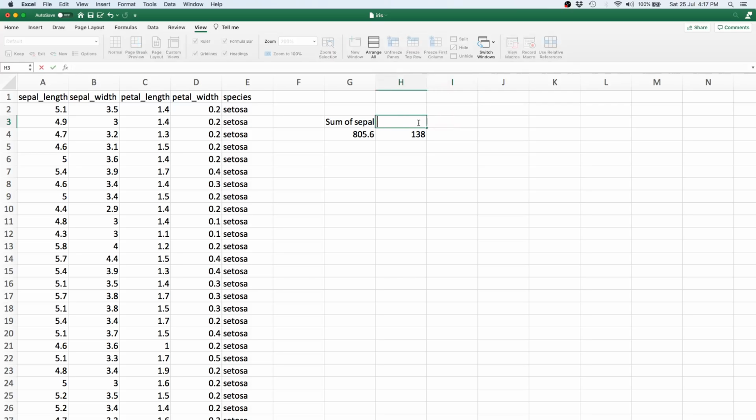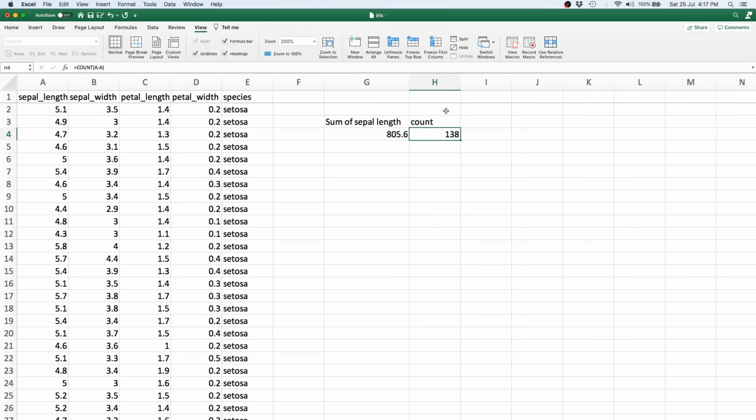Let me call this the count, and let's make a little space so that the values and their names are readable. So this is the sum of the sepal length column, this is the count of the sepal length column, and then the average of the sepal length would be another Excel formula, which I can just say is equal to this value divided by this value.